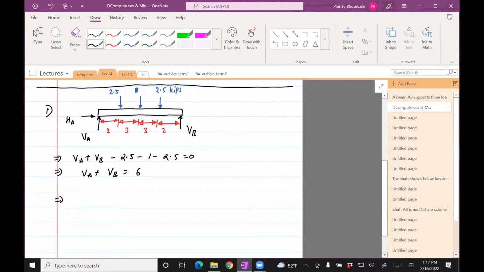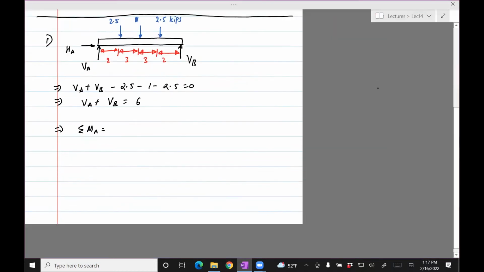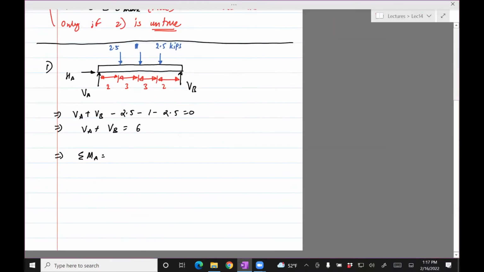And then if you take moments about A, okay, what do we have? We have 2.5 acting at a distance of 2, and 2.5, this is the one which is closer to A, produces a clockwise moment about A, so negative. 1 is at a distance of 5 from the left and would produce a clockwise moment, so negative.